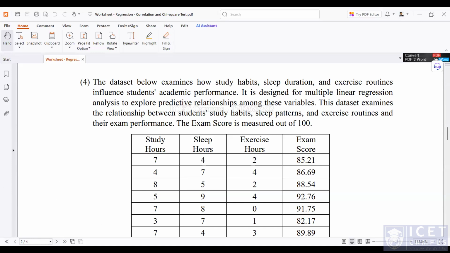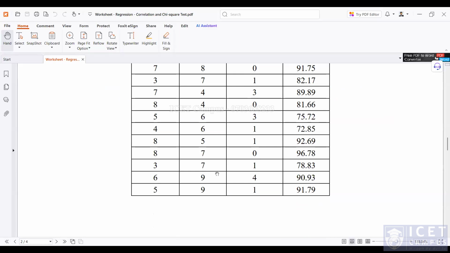Right, question number 4. Right, next question. Right, so then we have to enter this data.